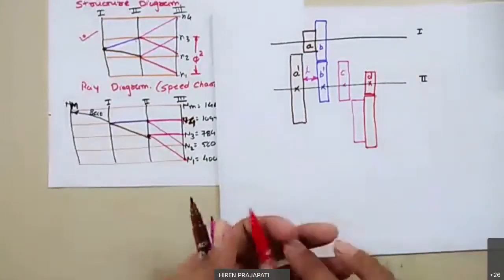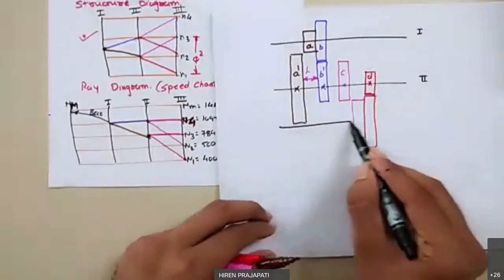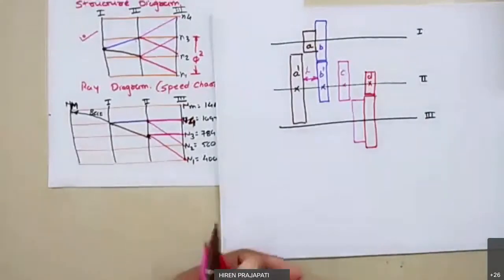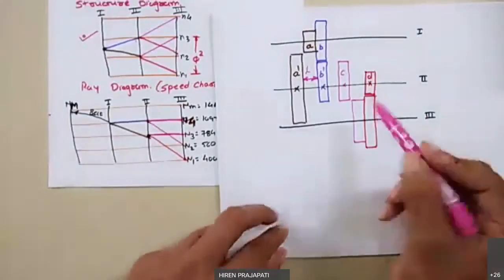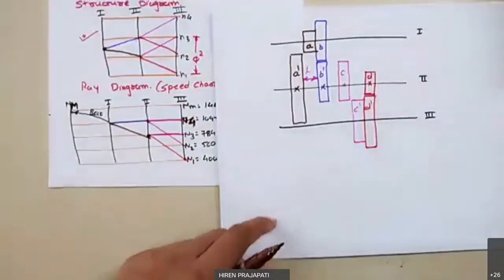Right? So this is the gear cluster, and now I consider one shaft 3, right? And let me call this gear C dash and this gear B dash, right?